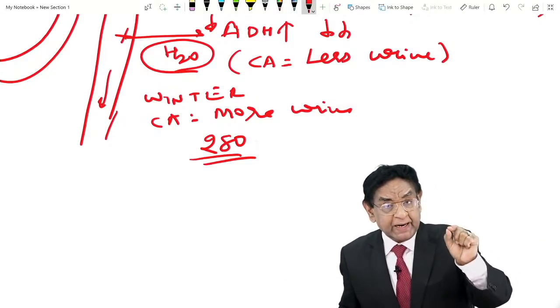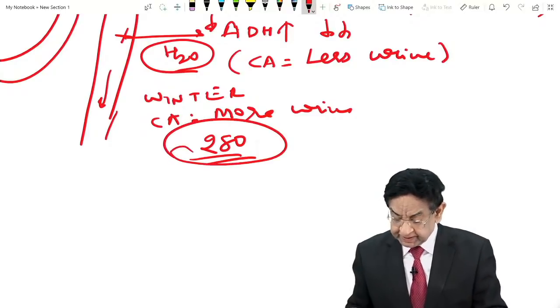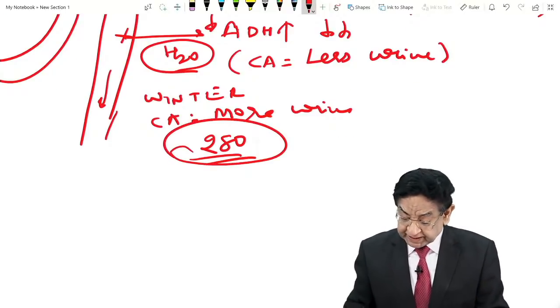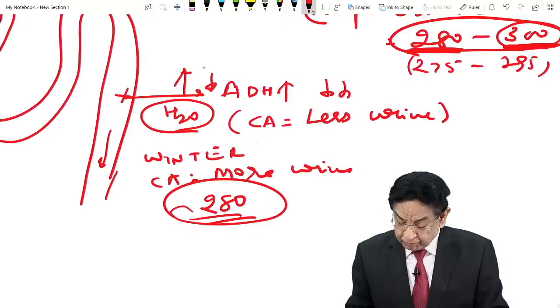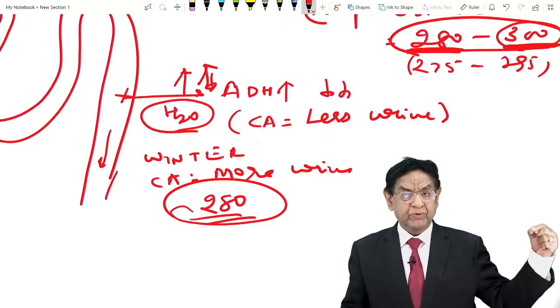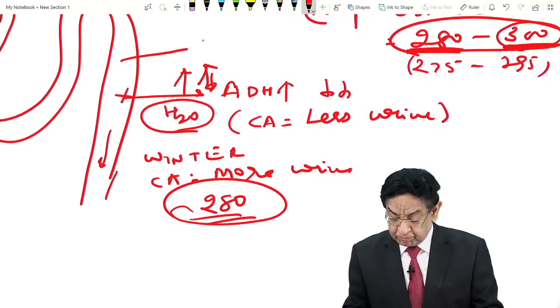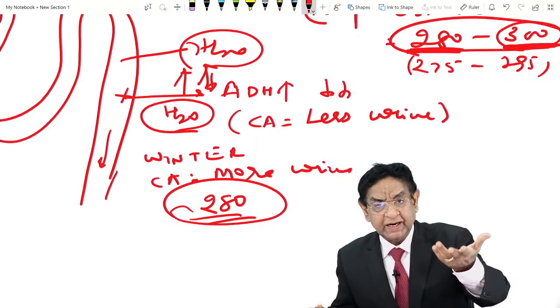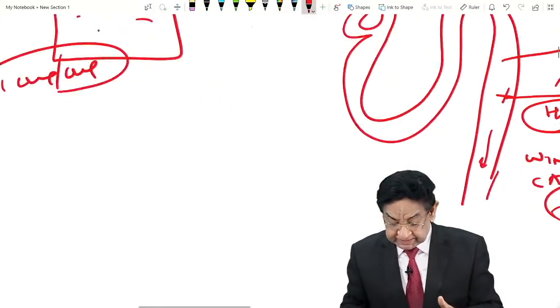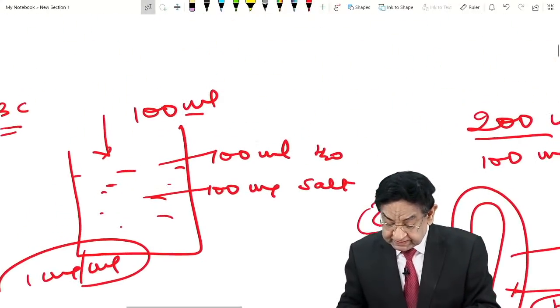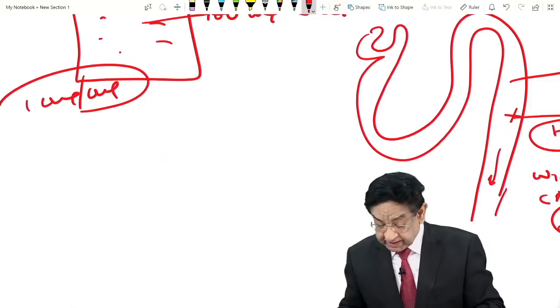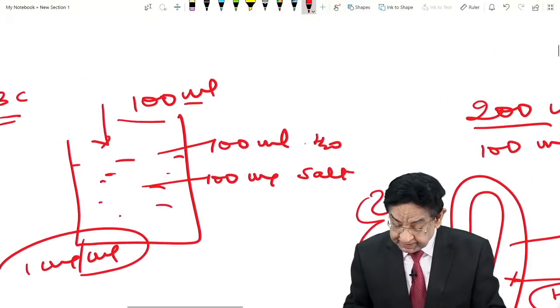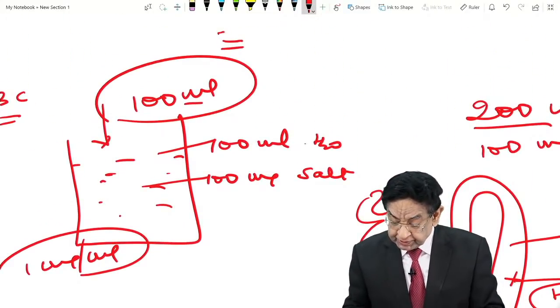But despite having a plasma osmolality of 280, if the body still secretes more and more ADH, it means more water reabsorption. More water going into the body will lead to what? Hyponatremia. Same example: the 100 ml of water coming into the glass is equivalent to increased ADH.